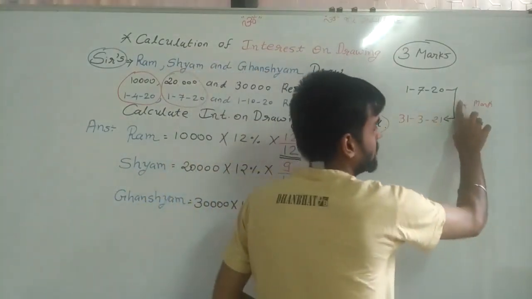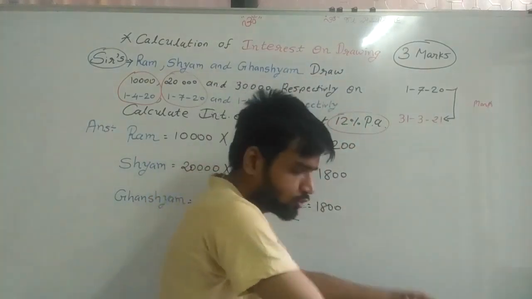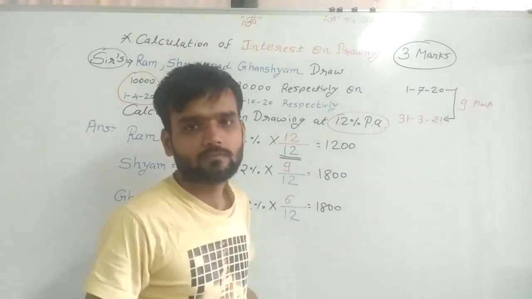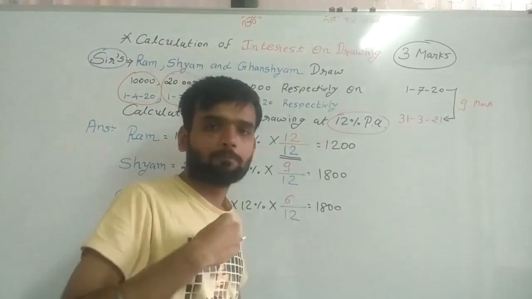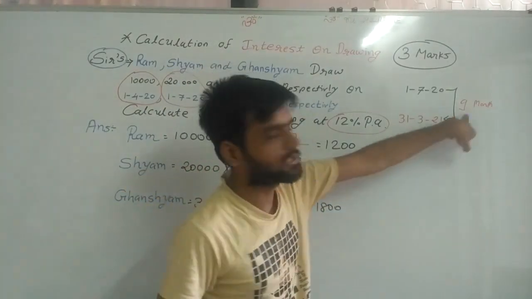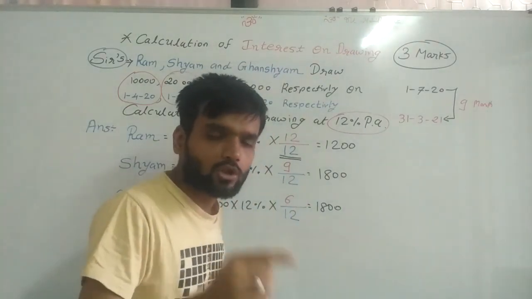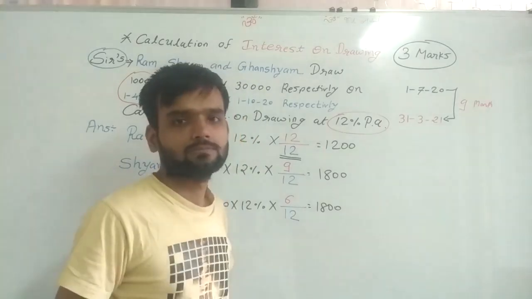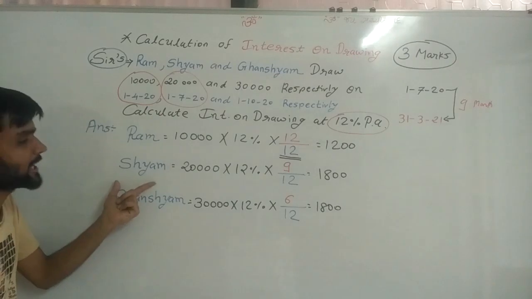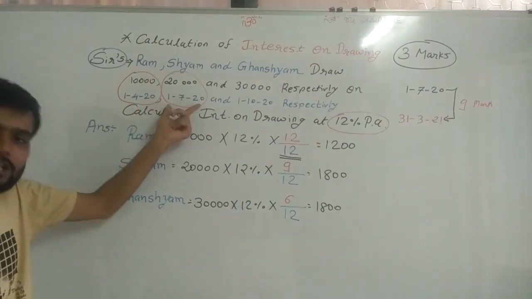So here not 12 months. If we are the firm, then we have to collect interest of 9 months. And if we are the partner, then I have to pay 9-month interest. So the calculation is done on the basis of 9 months. So for Shyam, withdrawn 20,000 on 1/7/20.